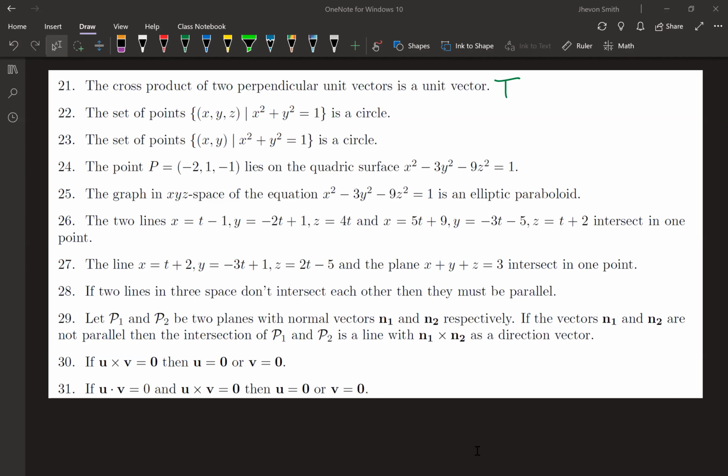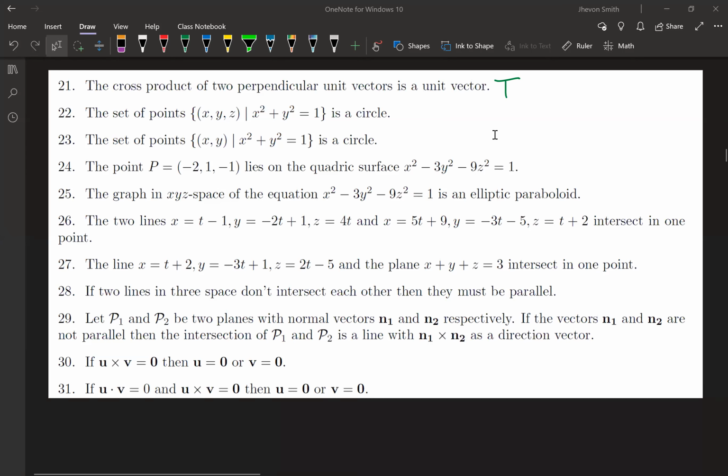Therefore, the parallelogram formed by the vectors would have area 1, and the cross product will have magnitude 1. So if we have 2 unit vectors that are perpendicular, the cross product is going to be a unit vector. In fact, if you have any 2 vectors that are perpendicular, the cross product will have the magnitude of the rectangle formed by those vectors. So the cross product is just going to be the magnitude of one of them times the magnitude of the other. So that is actually true.